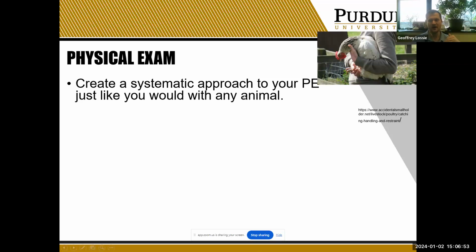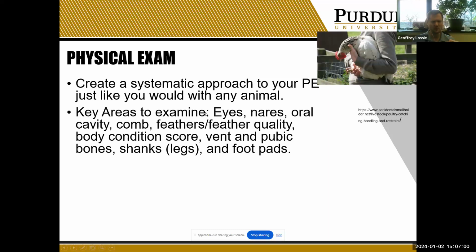And as long as you do it the same exact way every single time, your chances of missing things go down markedly. So what are some key areas to examine? We're going to play a little game shortly called normal versus abnormal. What we are looking at here are certain key areas on a bird that are either typically diseased or give indications of disease.